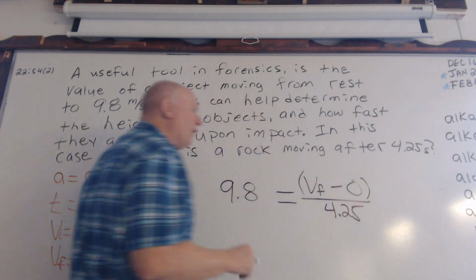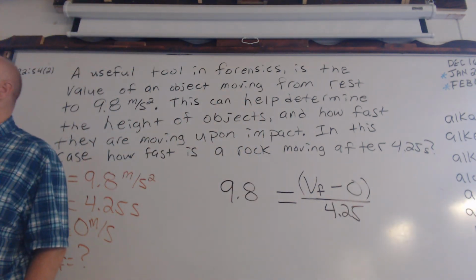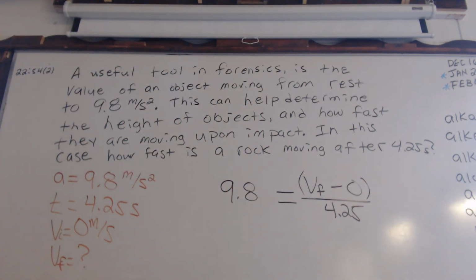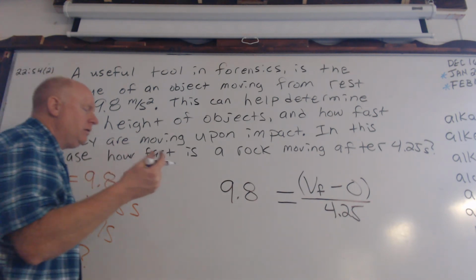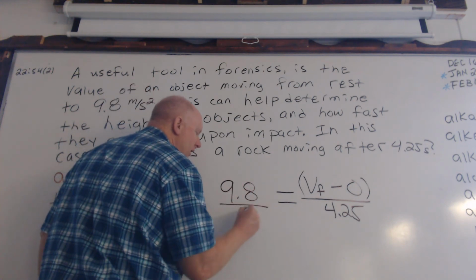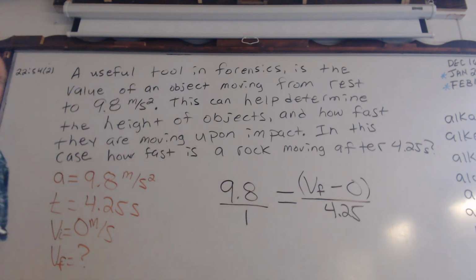We've said this before, we don't like fractions, okay? Anytime you take 0 from a number or a variable, what do you get? The same answer, okay? So, are we changing the value of 9.8? No, it's still 9.8, okay?